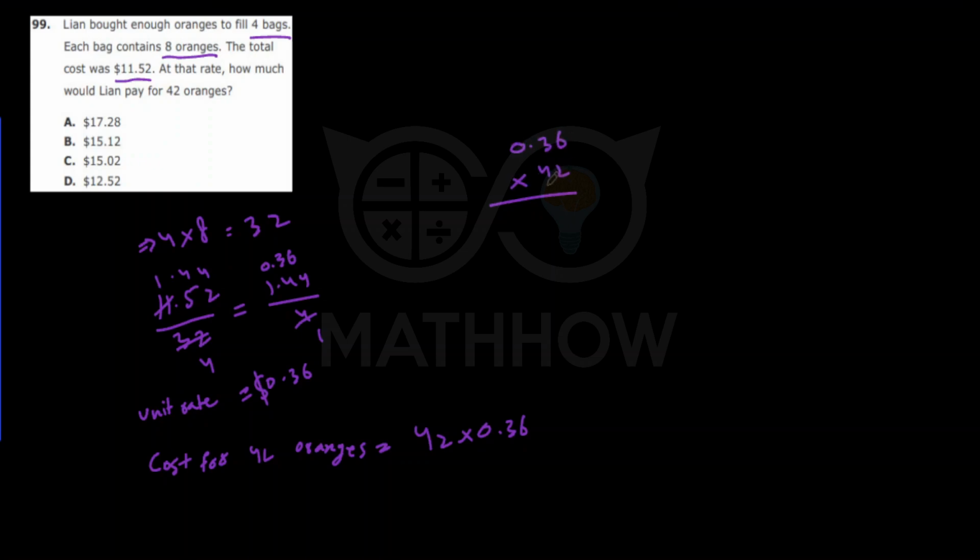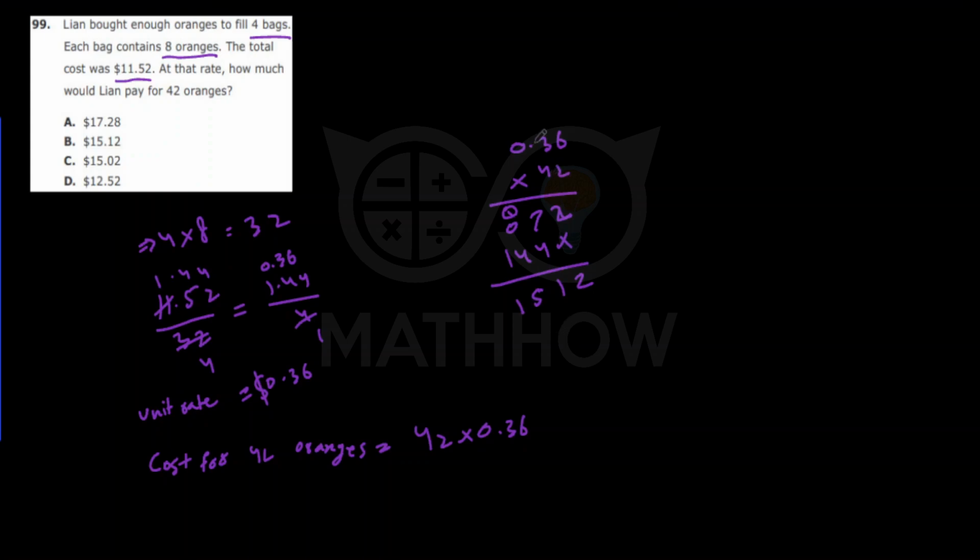0.36 times 42. 2 sixes are 12, 2 threes are 6 and 1 is 7, 2 zeros are 0, 4 sixes are 24, 4 threes are 12 and 2 is 14, with 1 carry, and 4 and 1 will be 5, and this will be 1.